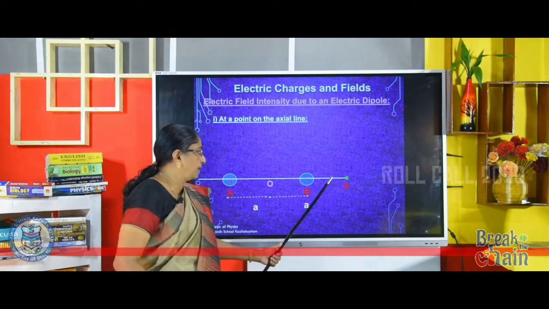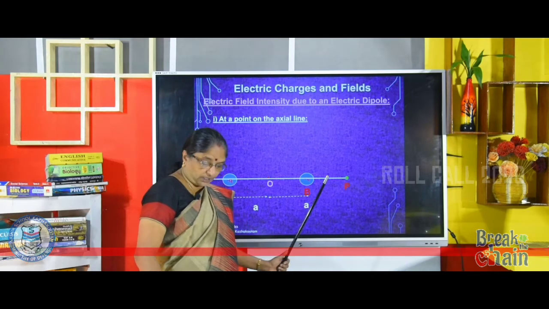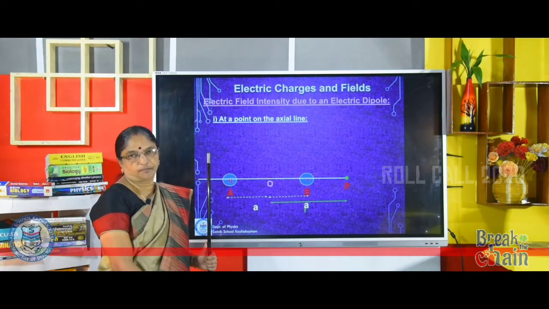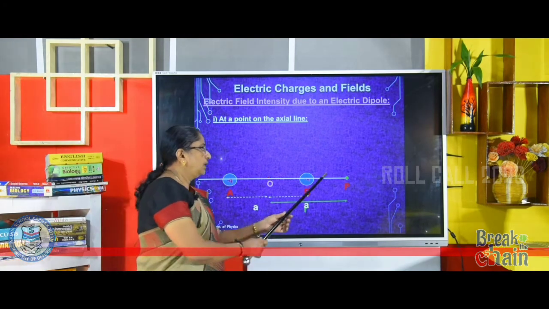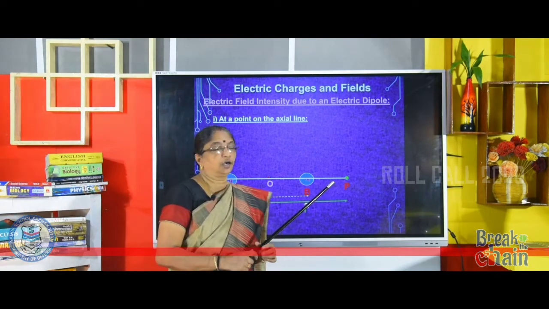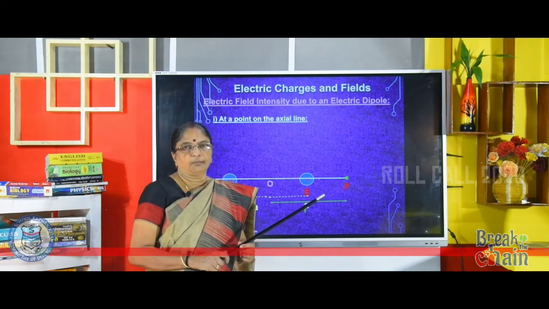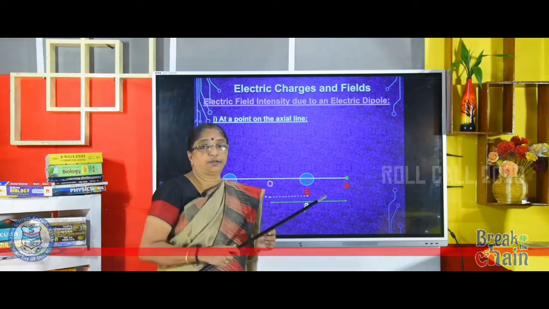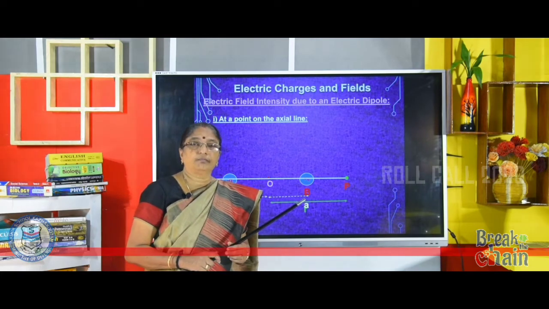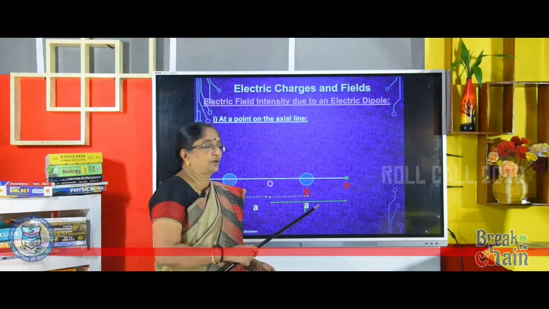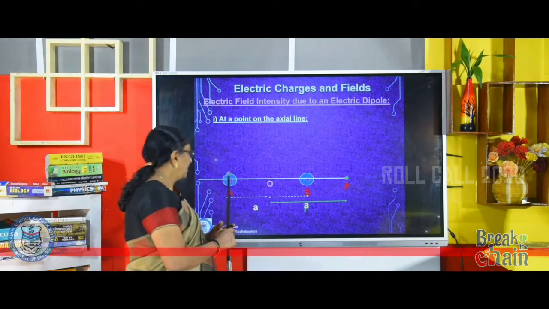Now consider a point P which is at a distance of r from the center. Remember, P is in the field of both the charges, minus q and plus q. But will the intensity at P due to both the charges be the same? No, because plus q is nearer, but minus q is farther.